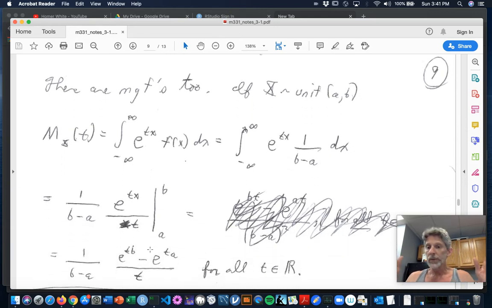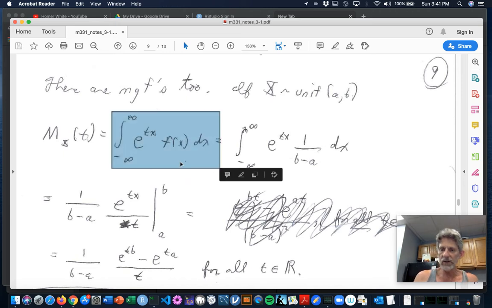There are moment generating functions for continuous random variables. Let's go ahead and derive the MGF for uniform a, b. So a moment generating function is a special mathematical expectation.